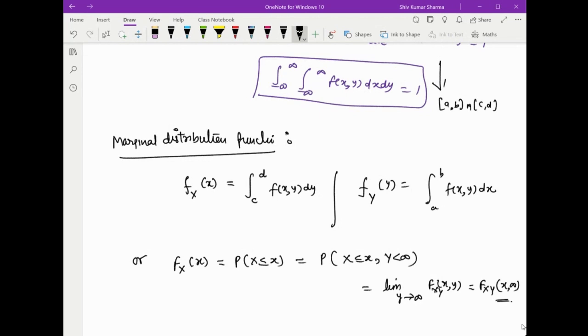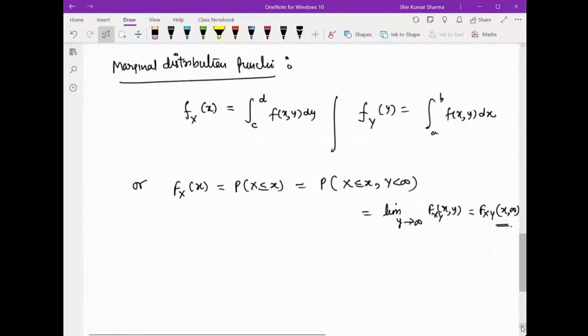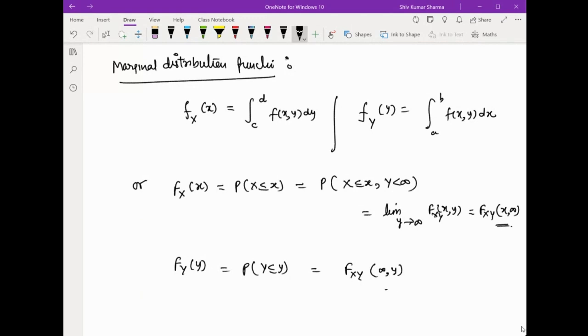So for the joint distribution function you put y equal to infinity, and in the case of y you write y less than or equal to y, so x is infinity and we write it as y. So this F_X(x) is the marginal distribution of random variable x, and this F_Y(y) is the marginal distribution of random variable y.